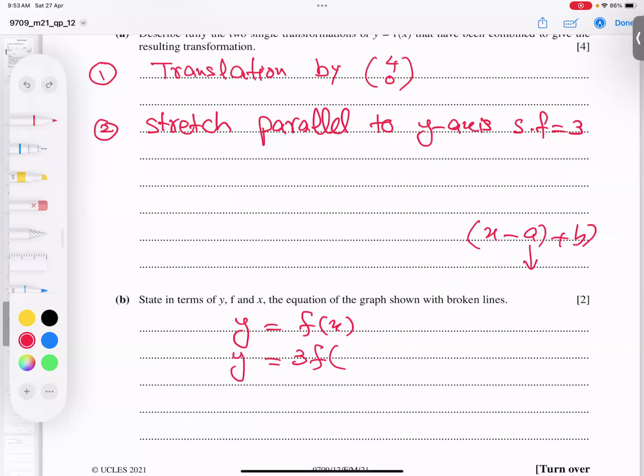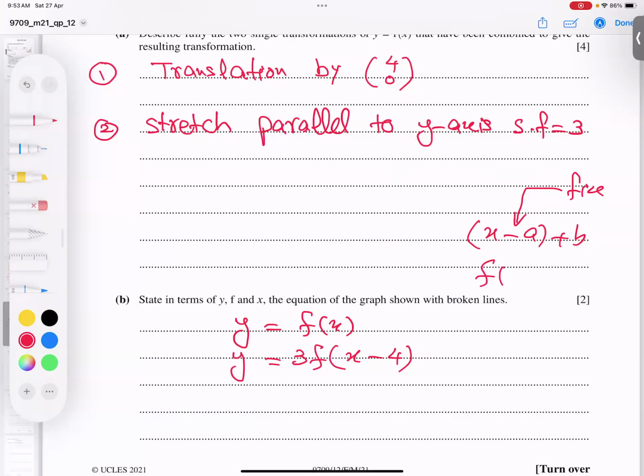Make sure, I want to tell you one thing. This negative is a fixed sign, this negative is fixed for the formula. So this a is moving right, so 4. So x minus 4 is for translation, and this 3 is for stretching.